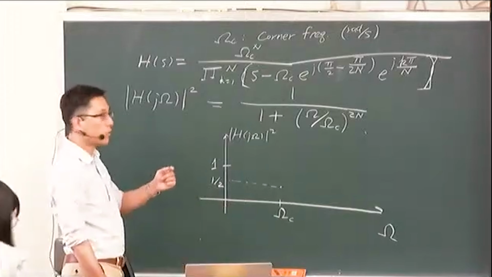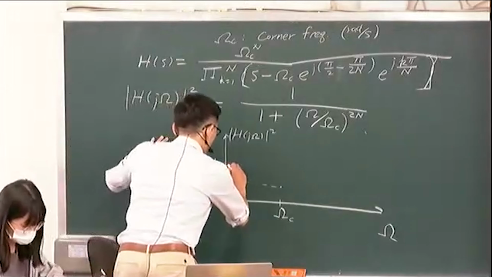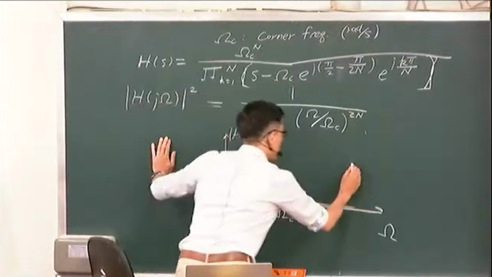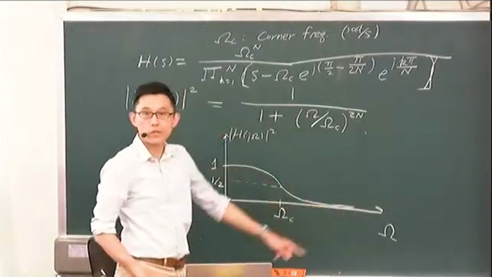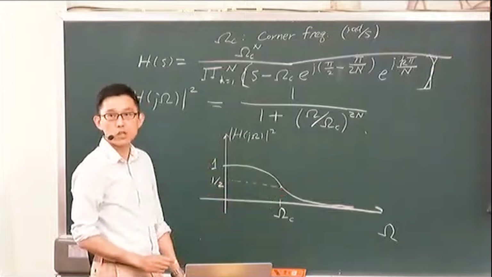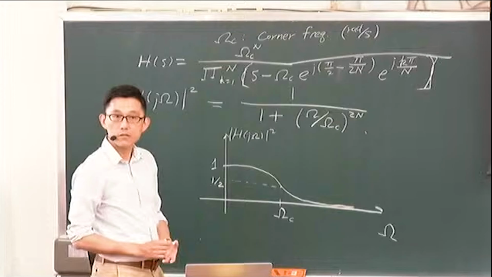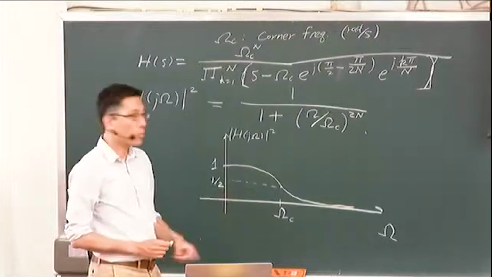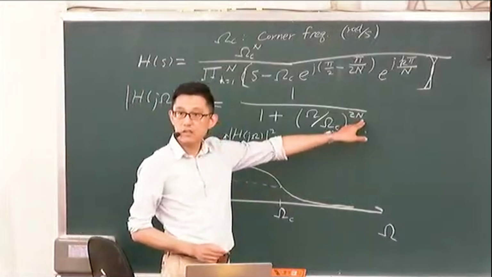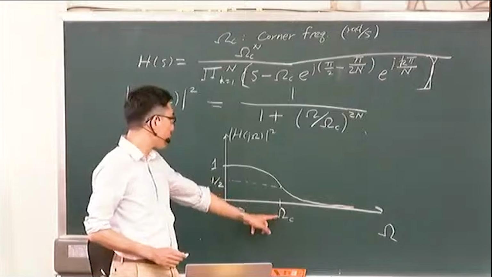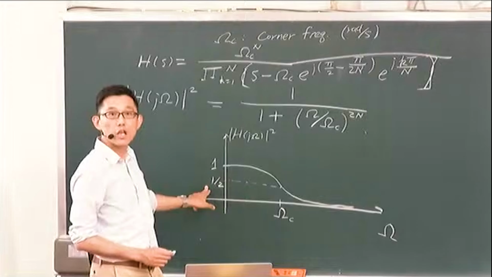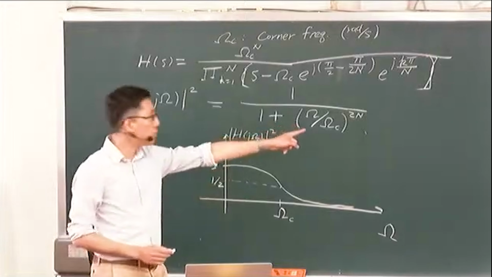And we know it's monotonically decreasing, so in general we have something like that, and it approaches 0 asymptotically as omega increases. So it's a low-pass filter with a corner frequency right here, regardless of the order n. It always passes through this point, omega c, meeting 1/2, regardless of the order n.